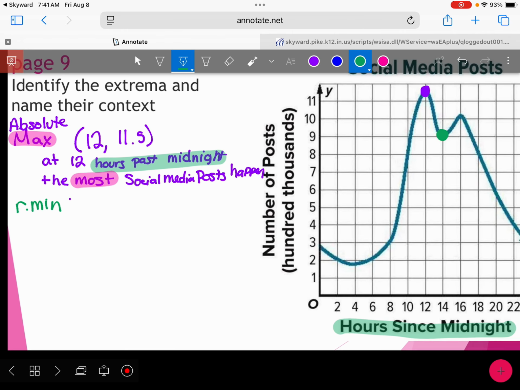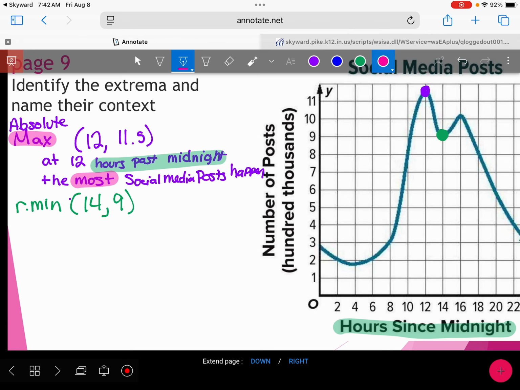So we're going to have a relative minimum at our point 14, 9. So there's a dip in our social media posts at about 14 hours after midnight, or at 14 hours after midnight, there are 900,000 posts, which is low.